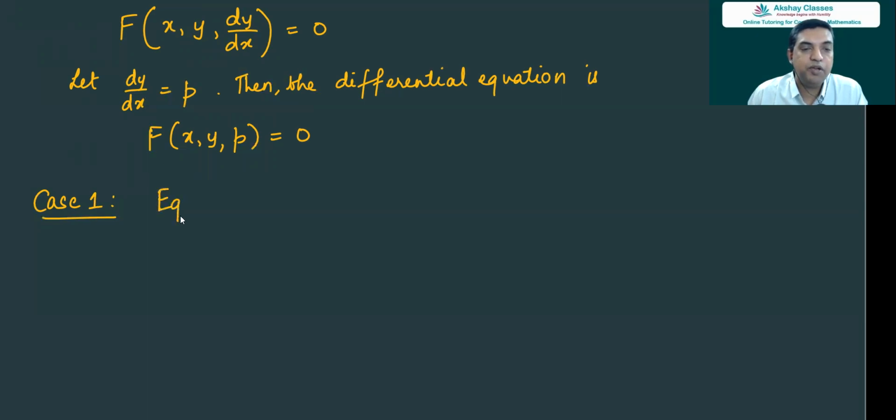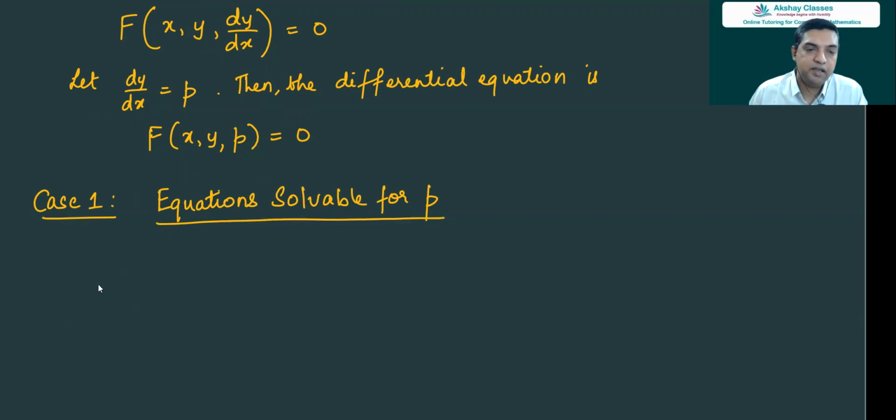Equations solvable for p. Meaning, this is a polynomial function in p, and we can solve for p, then that becomes easy.